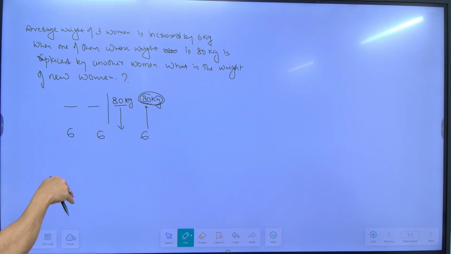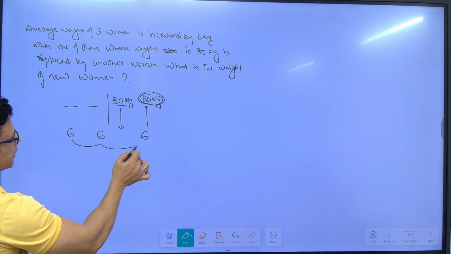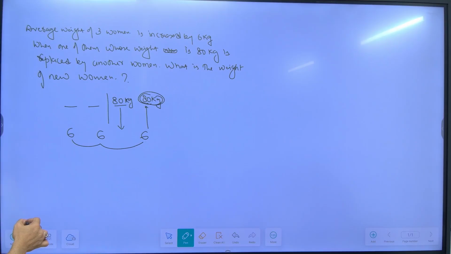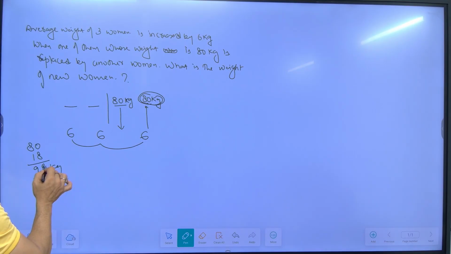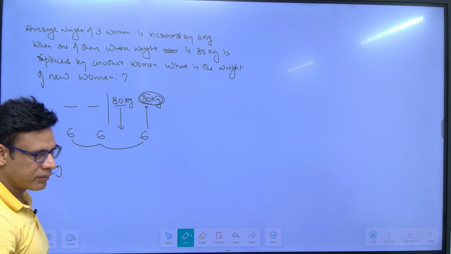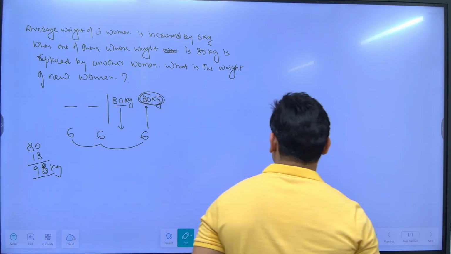Now average will increase by 6 or not. She will distribute how much? 18 kg. And 80 kg she kept with herself. Now she will give 18 kg more, 6, 6, 6 to each. And then 98 kg will be the weight of the new woman or not?